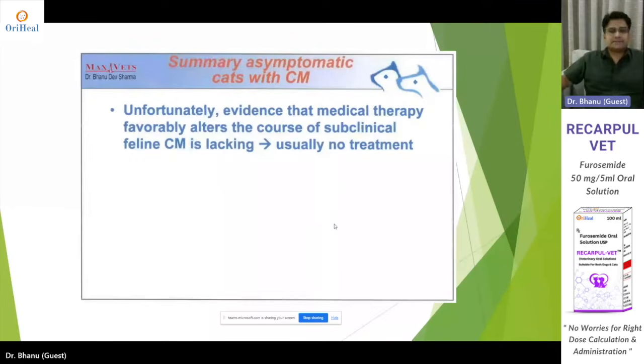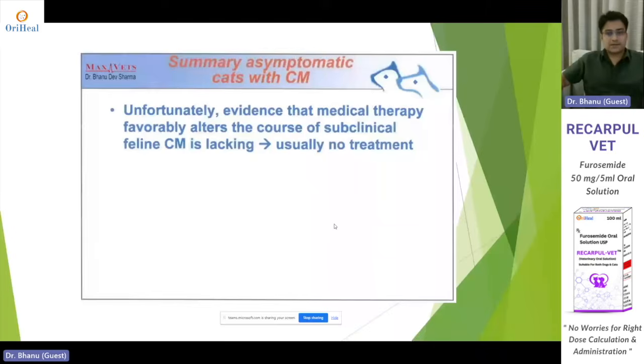So to summarize, the evidence that medical therapy favorably alters the course of subclinical feline cardiomyopathy is lacking, and usually the asymptomatic cats would need no treatment. But at the same time, my suggestion would be to closely monitor the condition, to educate the owners how to check the heart rate and the respiratory rate at home.